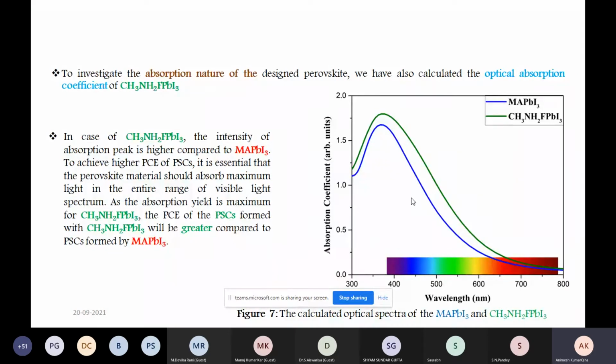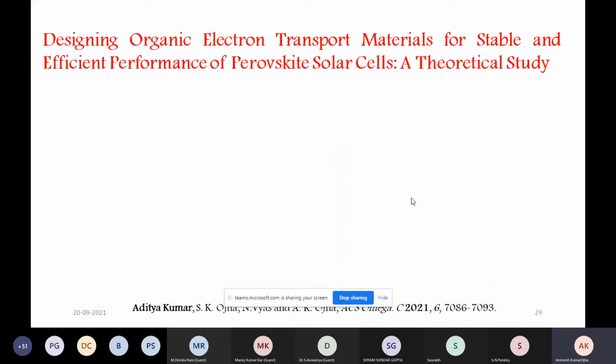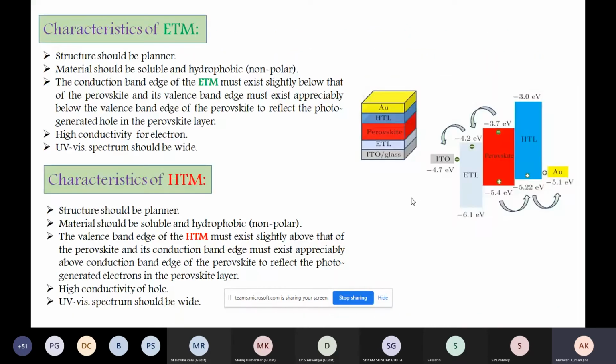Now the second part is that this stability can also be improved by designing the electron transport or hole transport layer, which I have already discussed. In this case, I have designed an electron transport layer, and the properties of this layer are that it should be planar. The material should be soluble in hydrophobic solvent.